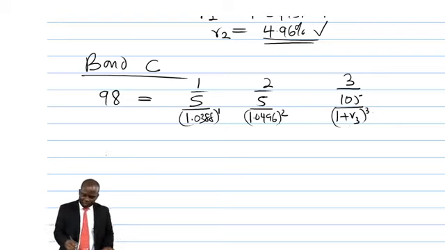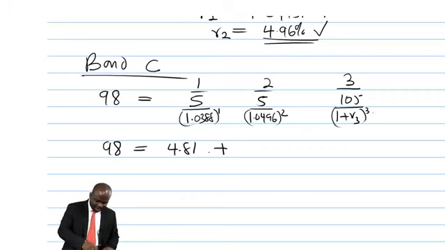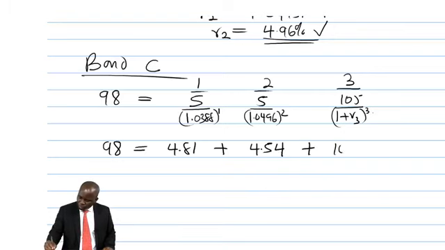So I solve it mathematically. 98 is equal to 5 divided by 1.0388, and that will be 4.81, plus 5 divided by 1.0496 squared, and that is 4.54, and this will be plus 105 divided by 1 plus R3 cubed.